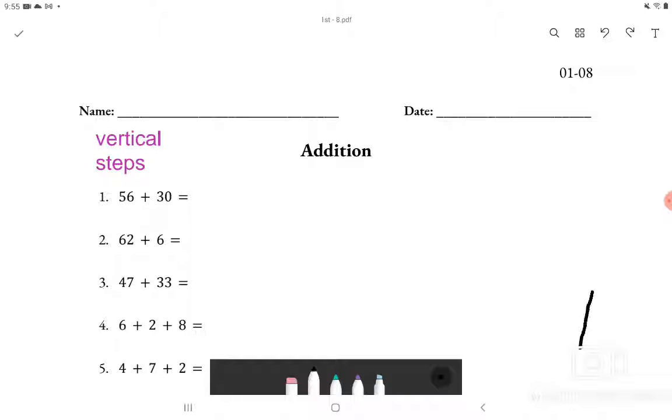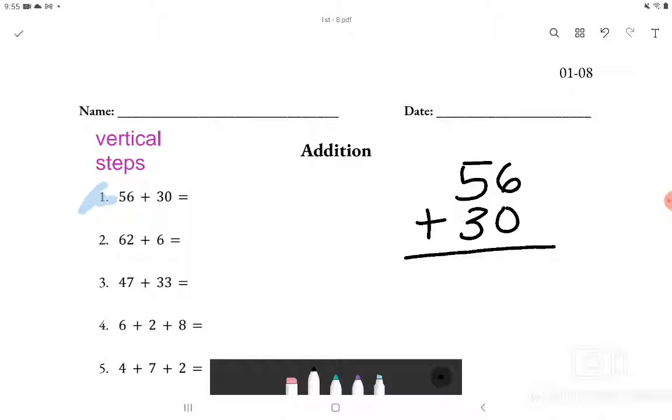So I'll start off with number 1, and I'll be using the vertical method for this problem. So 56 plus 30. When you're writing in the vertical way, you have to make sure that you line up the numbers in the correct places. So for this question, you have to line up the 6 and 0, which are the ones places together, and 5 and 3, which are the tens places together.